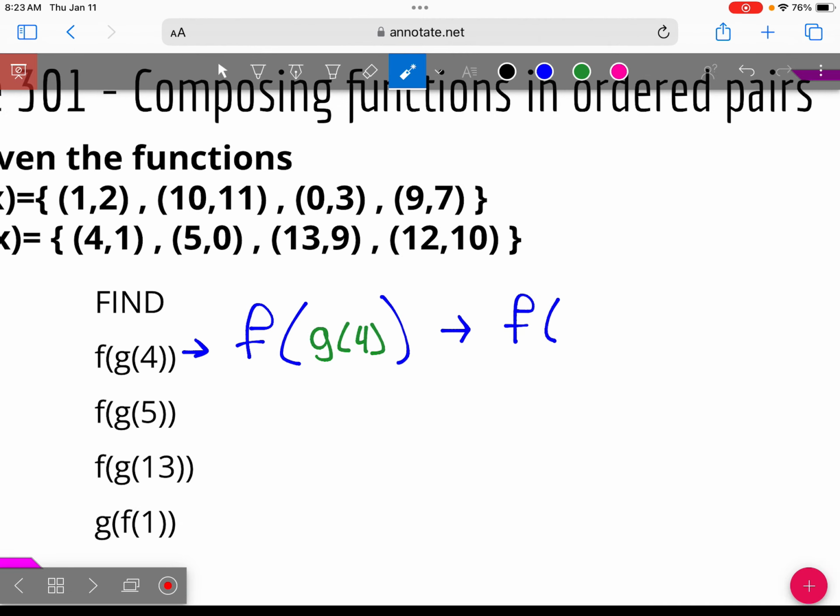It's this bottom one. That's this first point right here. So we're looking at this guy. If x is 4, what's y? 1. So g of 4 equals 1.